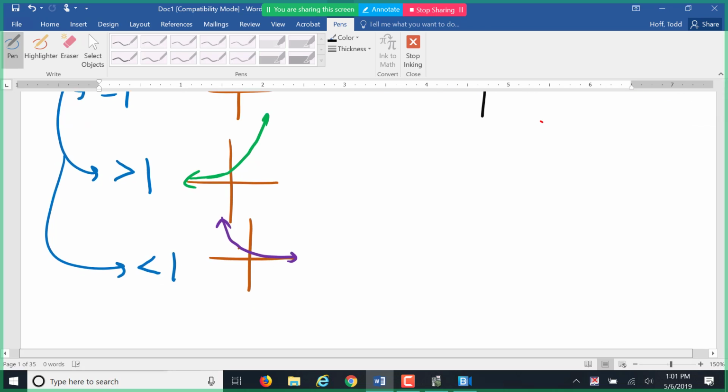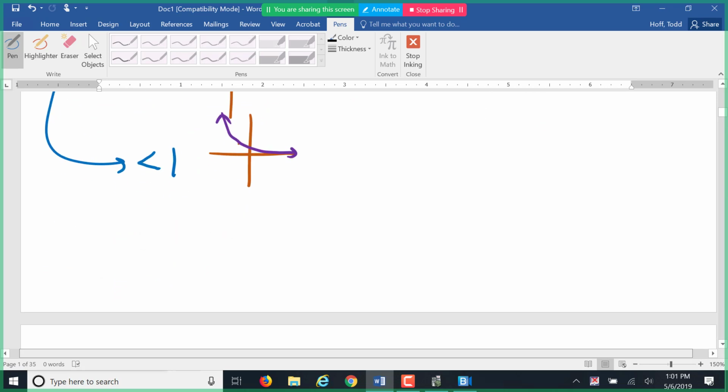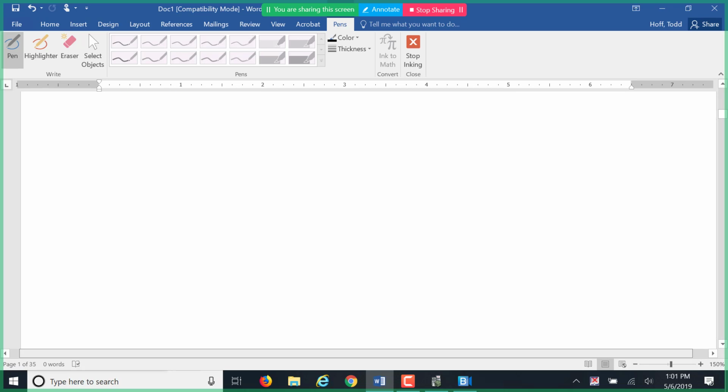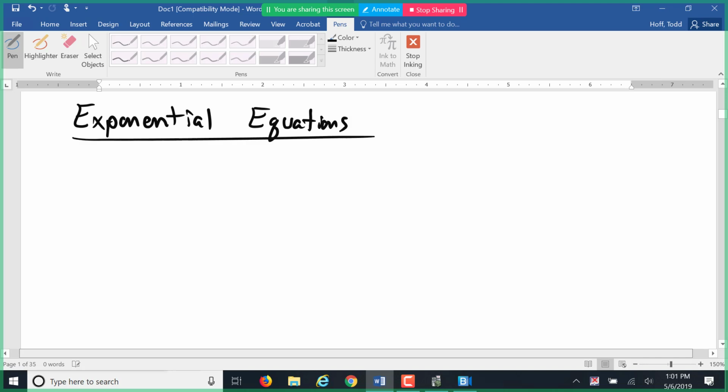But I want to look at solving equations with exponentials in them. In the next couple of days, we're going to explore the inverse of an exponential.